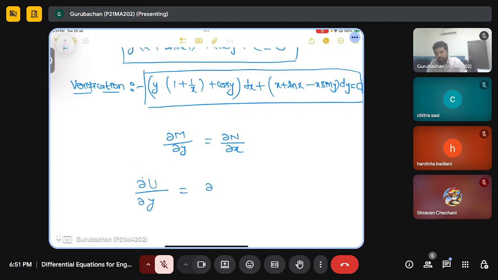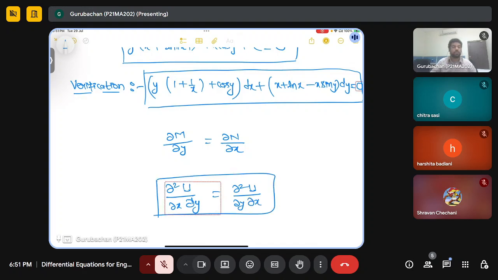So it will be, can you see this? Let me rewrite it. Can you say this? Del square u by del x del y, del square u by del y del x, for any continuous function u, can you say this?